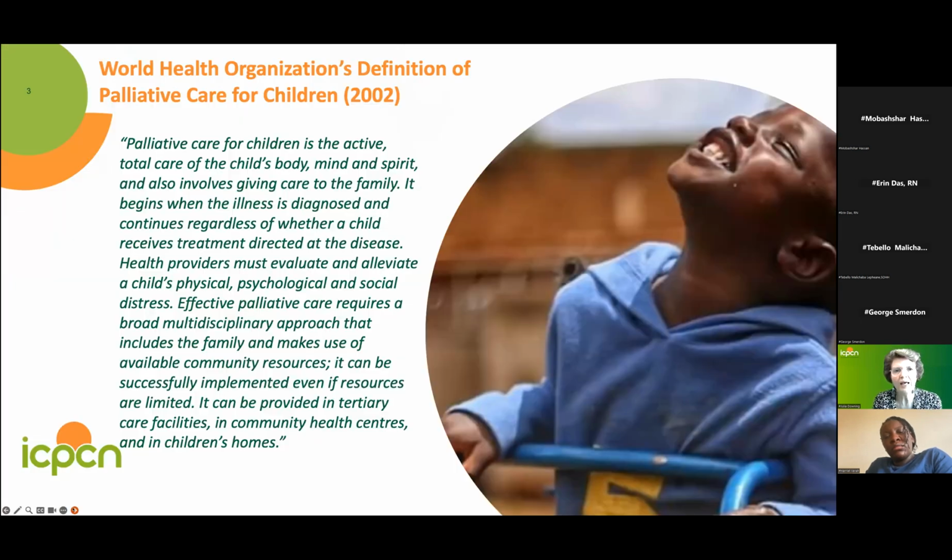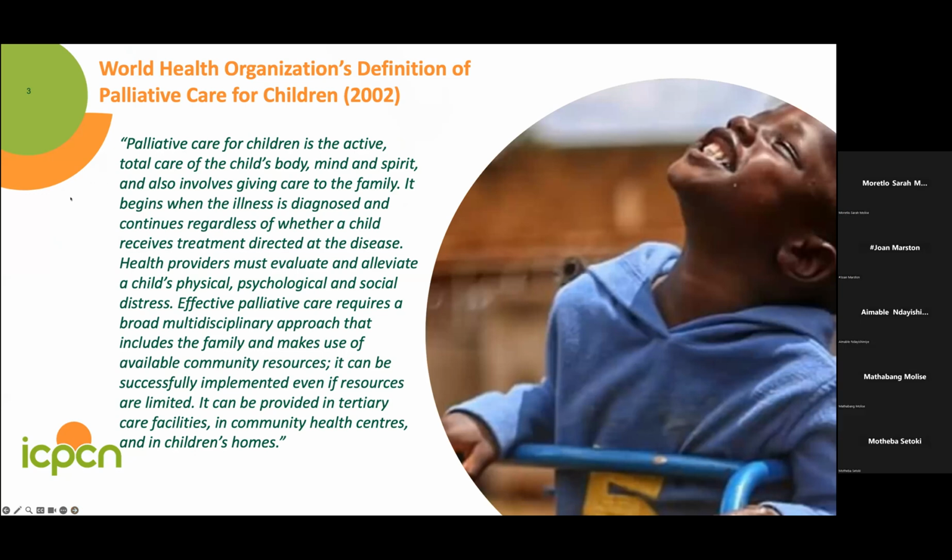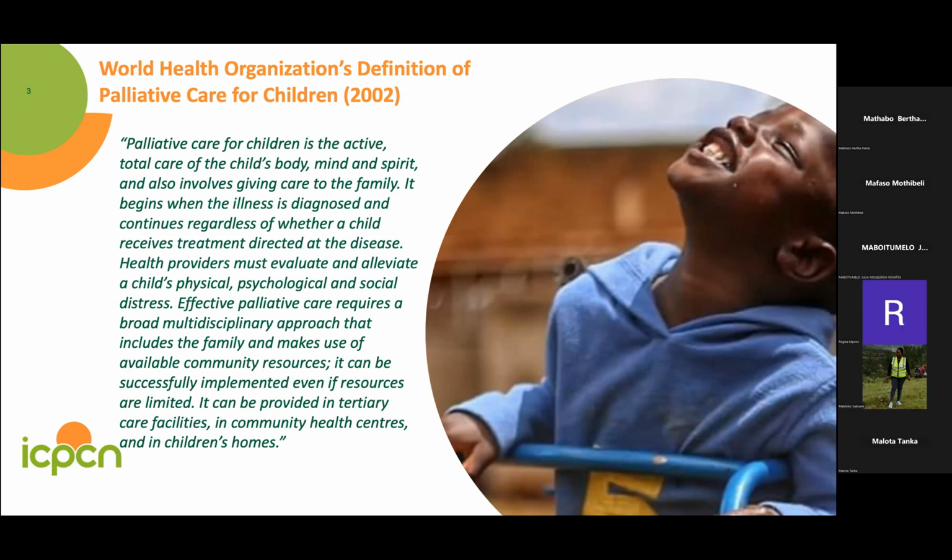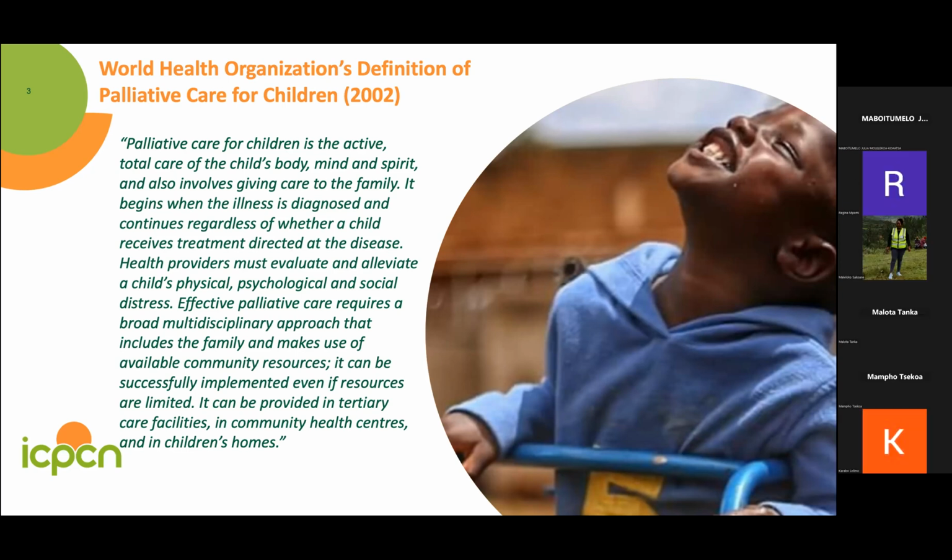So you've been learning about palliative care over the weeks, and you will be familiar with the World Health Organization definition of palliative care. And the World Health Organization also has this definition of children's palliative care. I like this because it talks about the total care of the child's body, mind, and spirit, talks about providing care for the family, talks about beginning when illness is diagnosed.